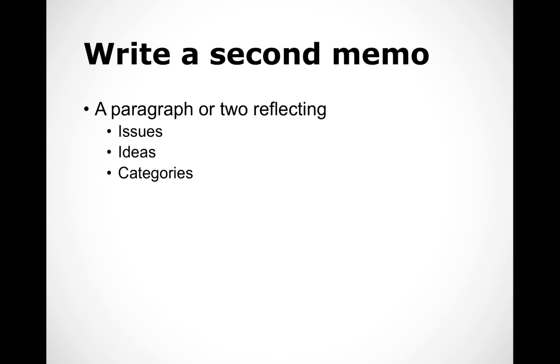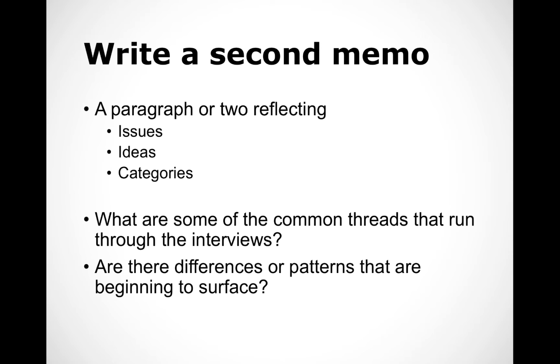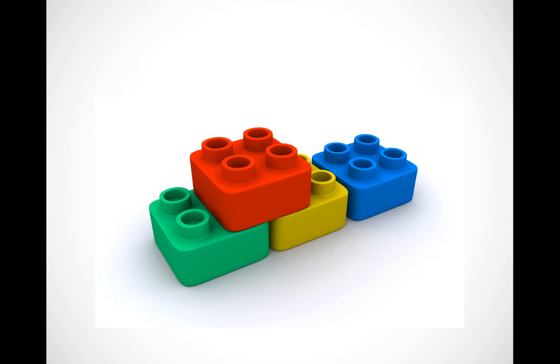As you write this memo, you might ask yourself, what are some of the common threads that run through the interviews? Are there differences or patterns that are beginning to surface? These memos are the building blocks of your interpretation and thematic analysis.